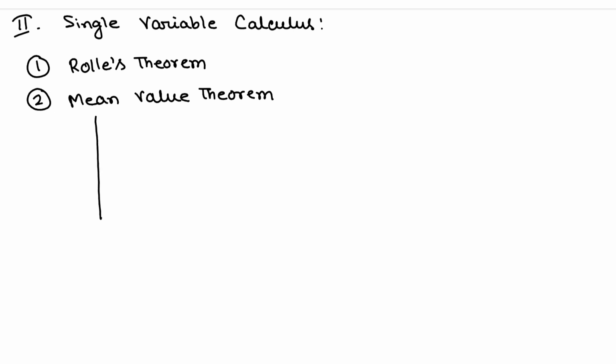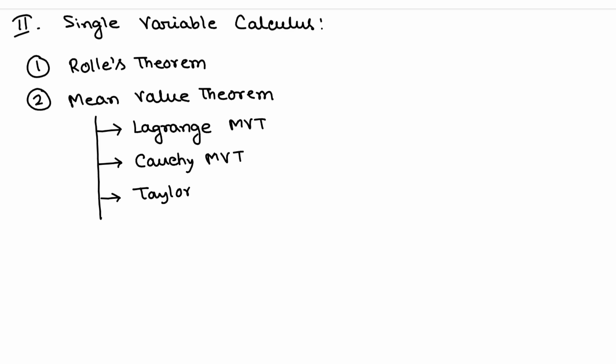First one is Lagrange mean value theorem. Second one is Cauchy mean value theorem. Third one is Taylor's mean value theorem, Taylor's MVT.